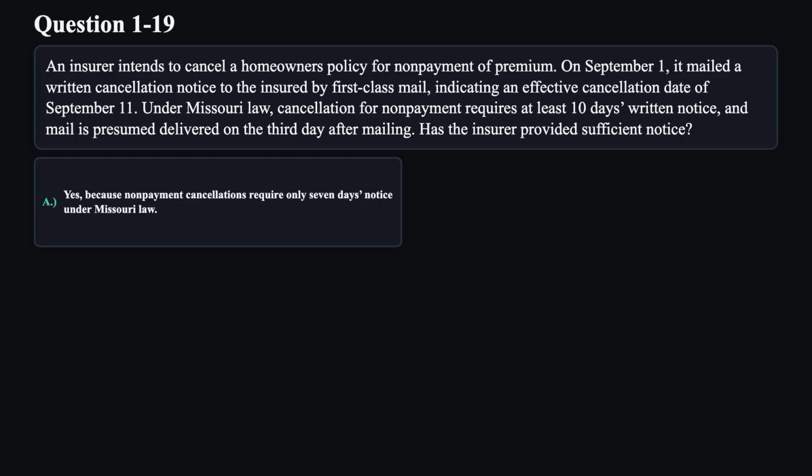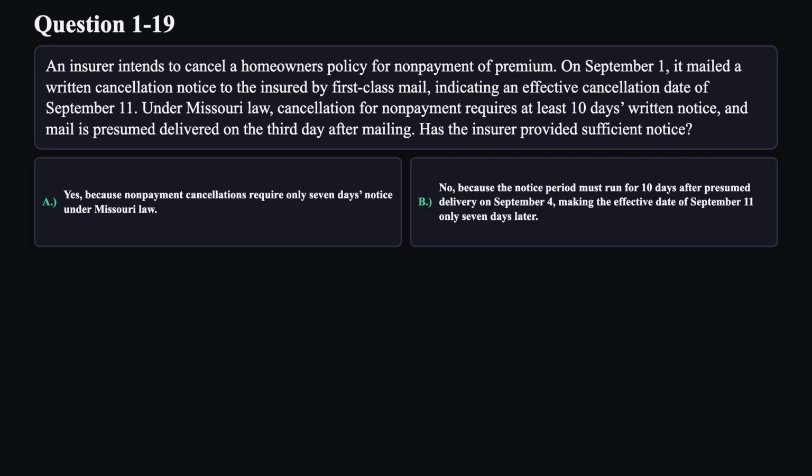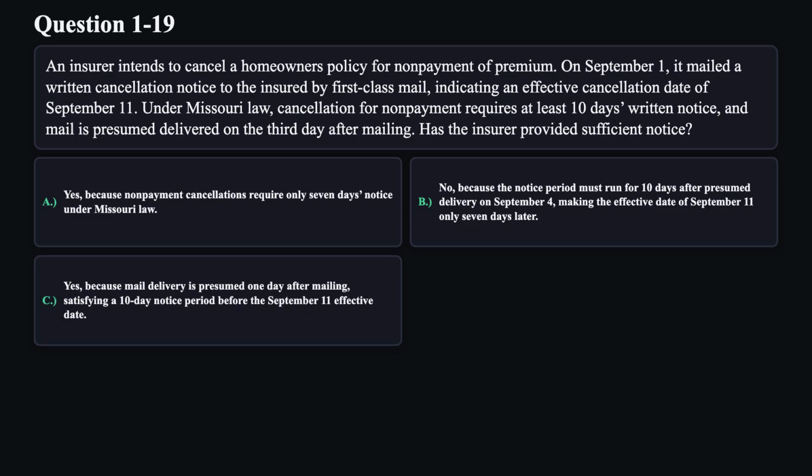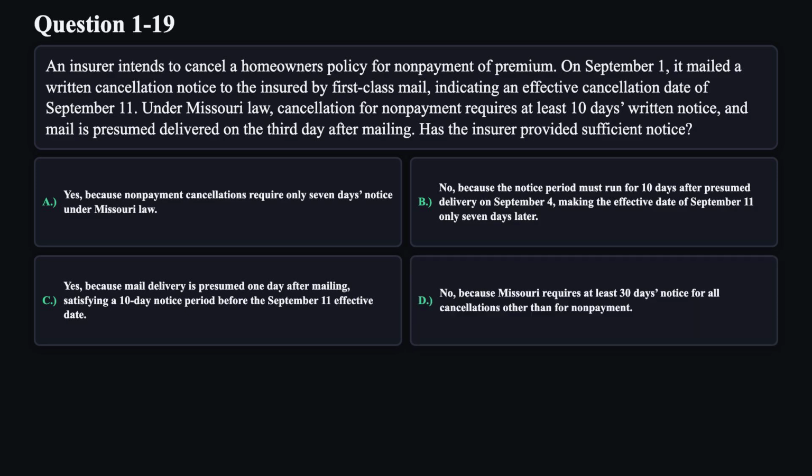A. Yes, because non-payment cancellations require only 7 days notice under Missouri law. B. No, because the notice period must run for 10 days after presumed delivery on September 4th, making the effective date of September 11th only 7 days later. C. Yes, because mail delivery is presumed 1 day after mailing, satisfying a 10-day notice period before the September 11th effective date. D. No, because Missouri requires at least 30 days notice for all cancellations other than for non-payment.